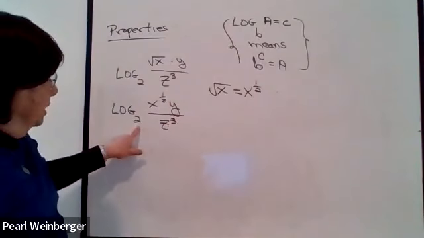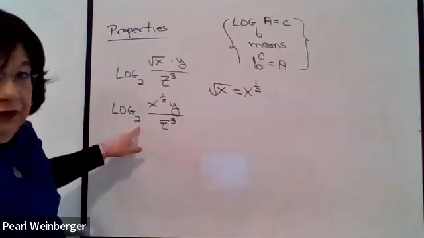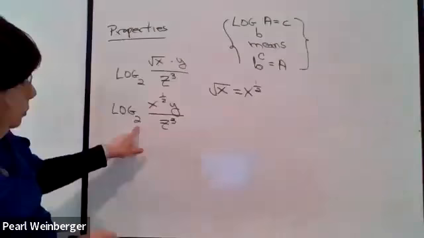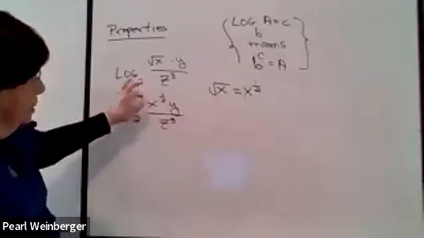I can't leave out this 2 because now we're dealing with base 2. If I leave it out, it'll look like I'm dealing with log base 10, and I'm not. My base in this case is 2, but I'm concentrating on expanding.